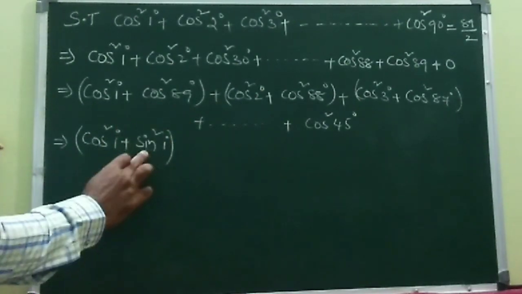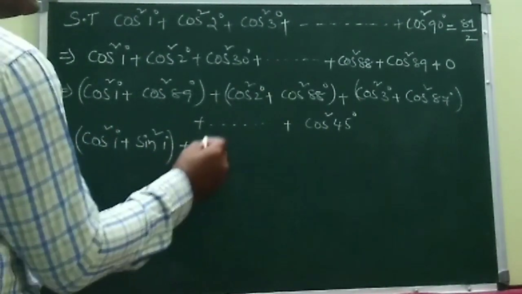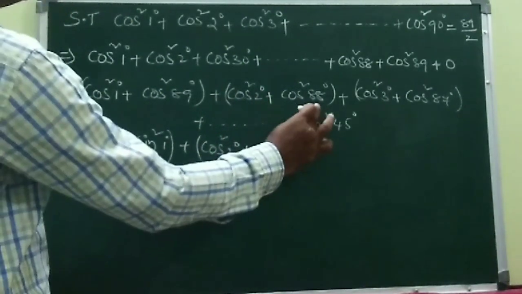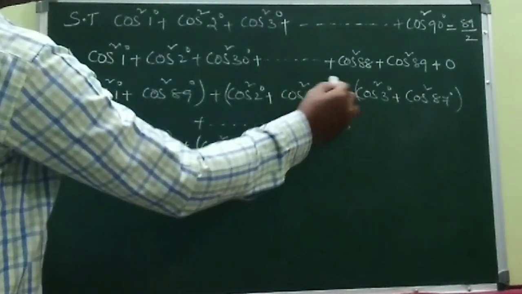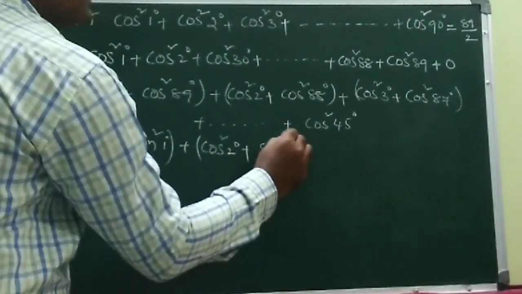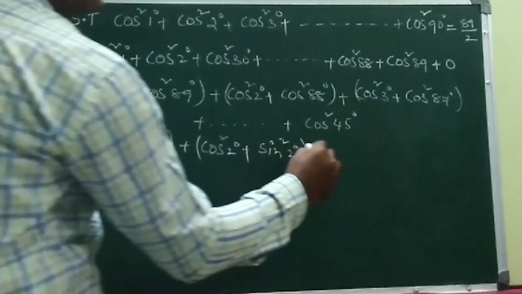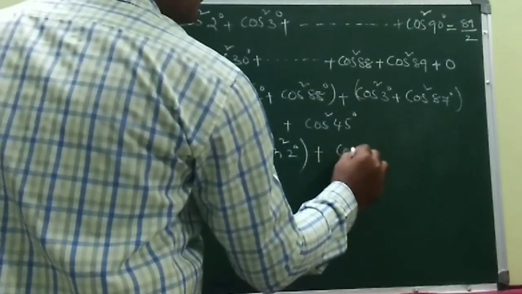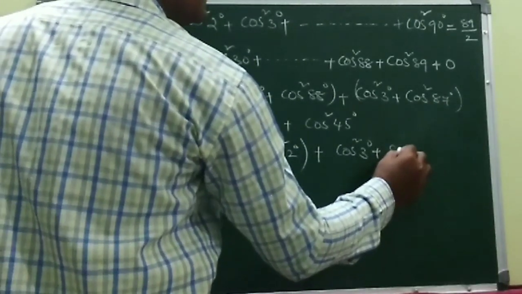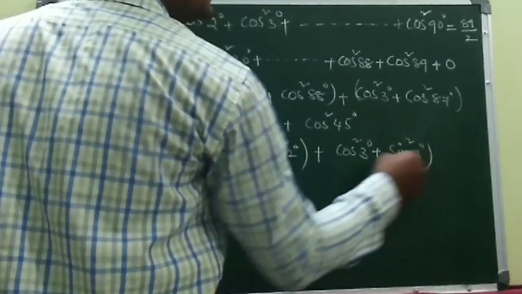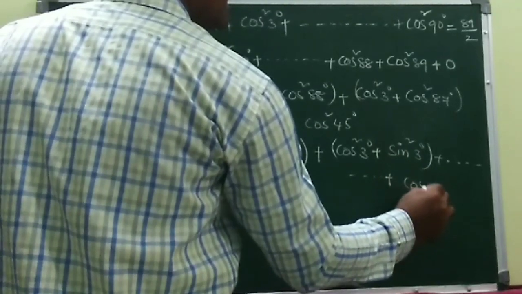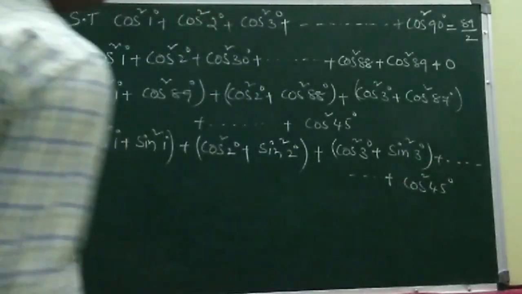Cos square 89 is nothing but sin square 1, plus the second one is cos square 2 degrees, plus, what can you say about this one? 88 I can write as 90 minus 2. Because of 90, cos changes into sin, and this is sin square 2 degrees, plus cos square 3 degrees, plus this is 90 minus 3, I can write, and this is sin square 3 degrees, plus so on, plus cos square 45 degrees.